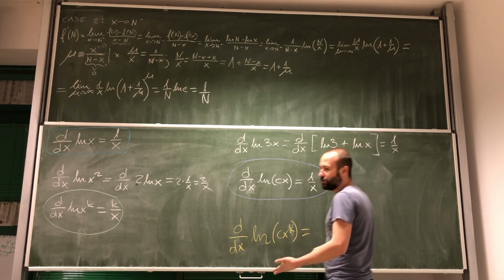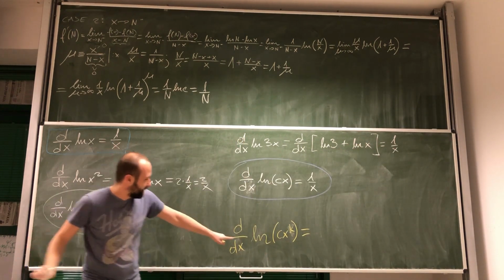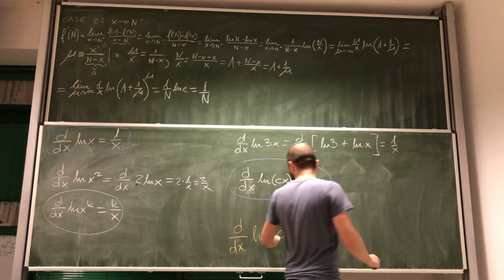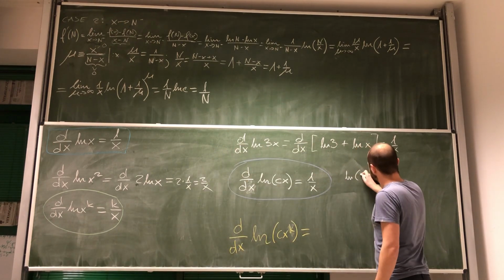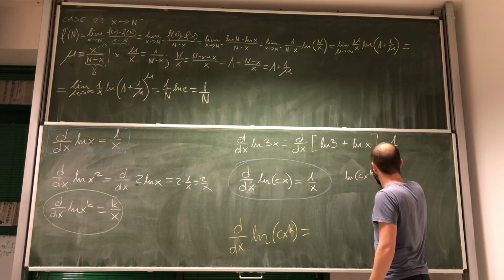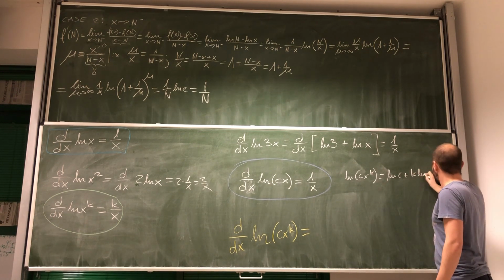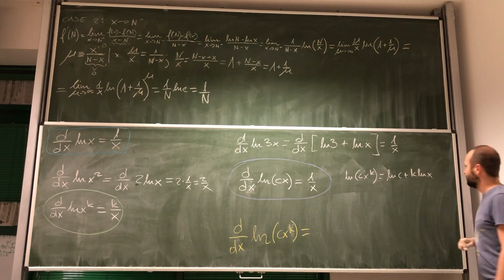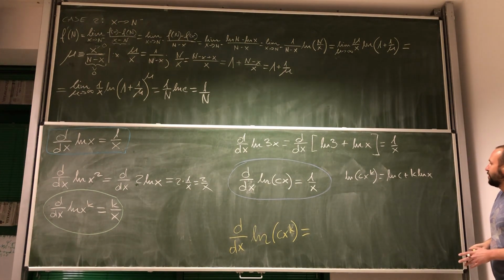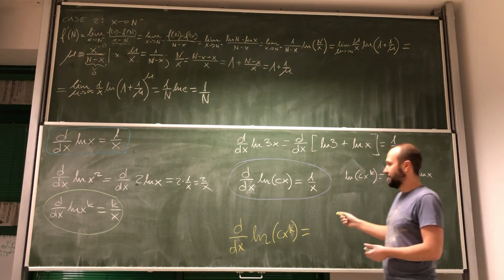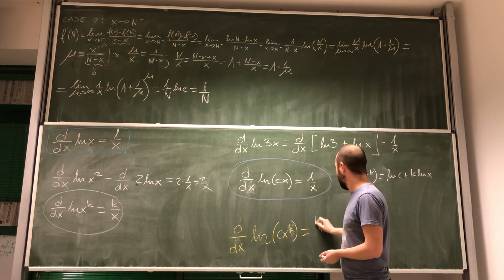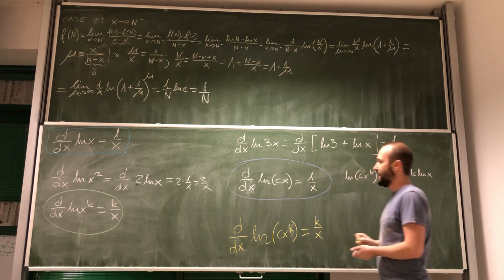Look, again, we could do the same trick. ln of c x to the k can be rewritten as ln c plus k ln x. So again, what we're going to get out of it is that this is k over x.